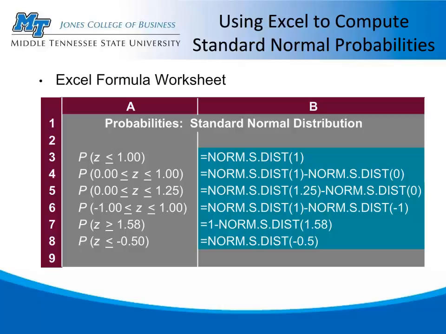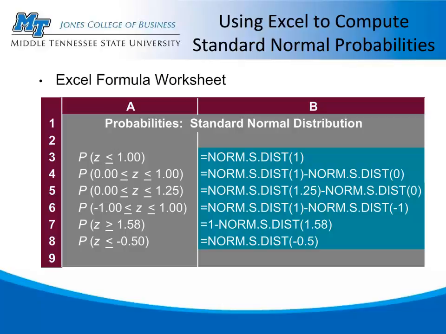The one that's in A6, we want the probability between minus 1 and plus 1. We'll just find the probability that's less than or equal to 1 and subtract the part that's less than or equal to minus 1. In A7, we're looking at the other side. We want the probability that z is greater than or equal to 1.58.